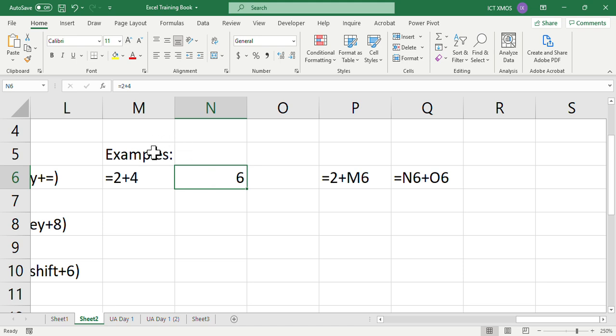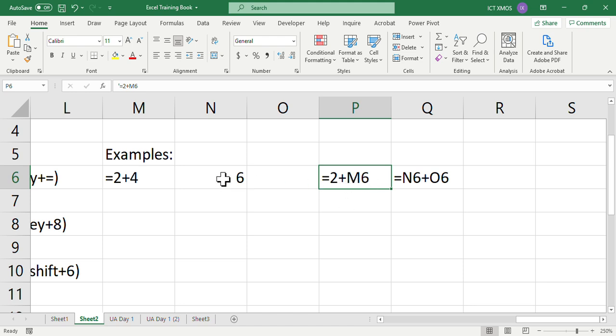You can add a value directly, and it will give you your answer. But in the case of this one, you have a number and a formula. There must be a value, a number, in the referenced place for it to work.